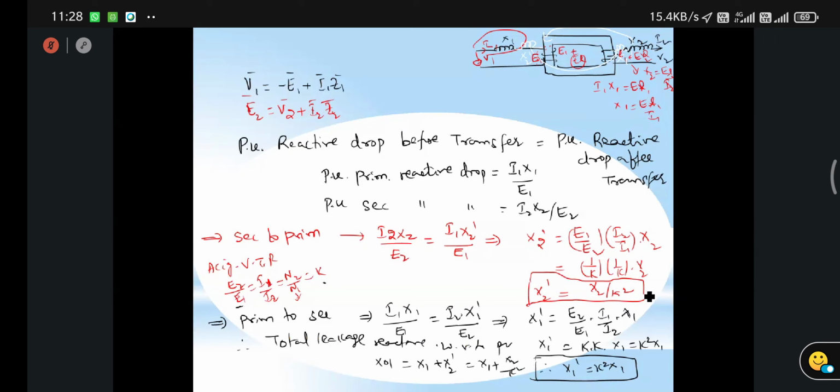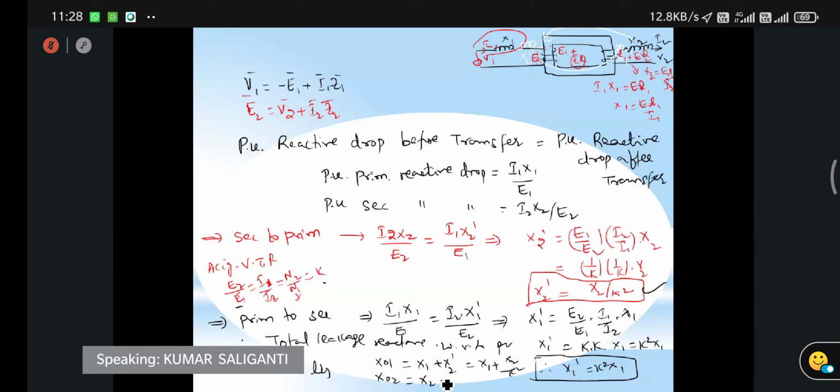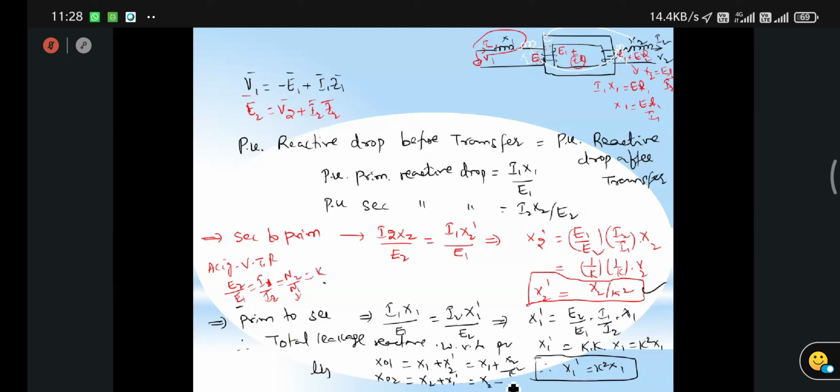Similarly on the secondary side, X02 is X2 plus X1 dash, that is X2 plus K square into X1.